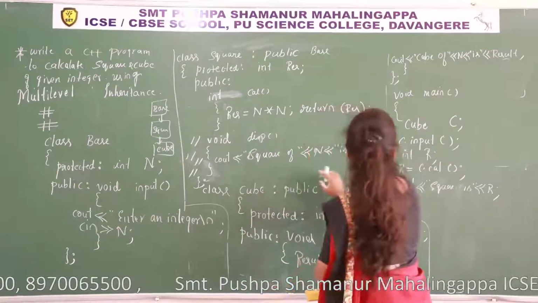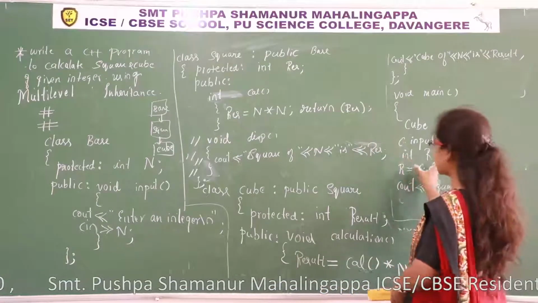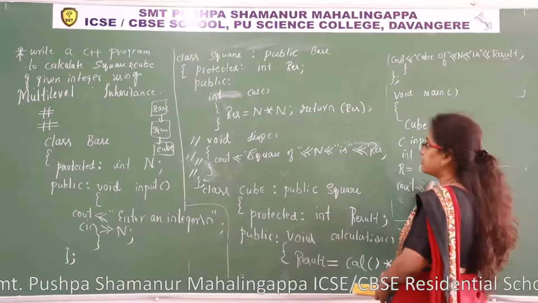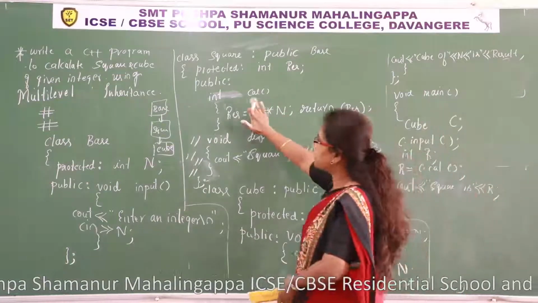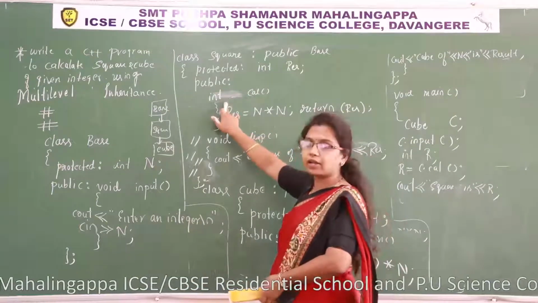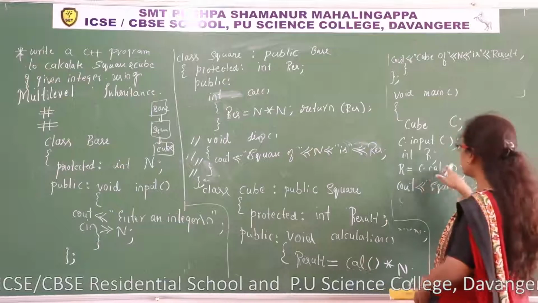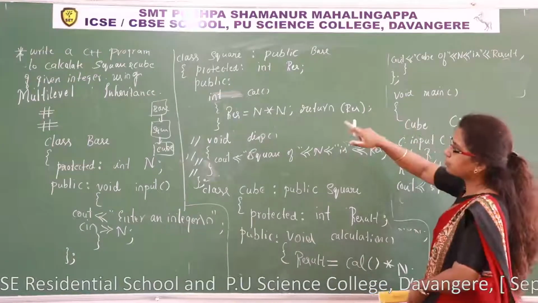See why I am taking this r, in order to match the function call and function definition. This is a function with no argument and with a return value. So there would be a matching function call. The cal function has no argument, but that function returns a value.